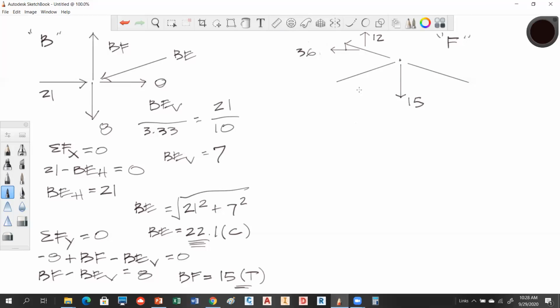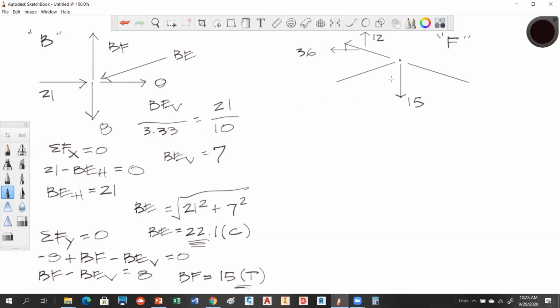All right, so now we've got this member. This is member AF. I think that was the second joint we did. AF turned out to be, what do we solve that as? Compression? Is that right? That would have been the second joint we did. Go back and look that up. Yeah, that's compression.